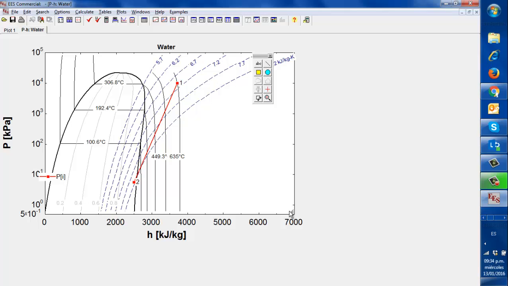So a measurement of how good that turbine is will be an isentropic efficiency. And the isentropic efficiency is defined by the ratio of the actual work divided by the isentropic work. So if you give us the isentropic efficiency, we necessarily need to use HS or HA? Yes, yes. Okay?